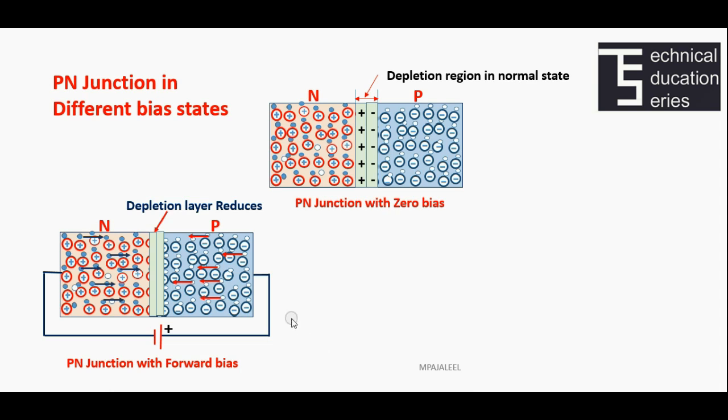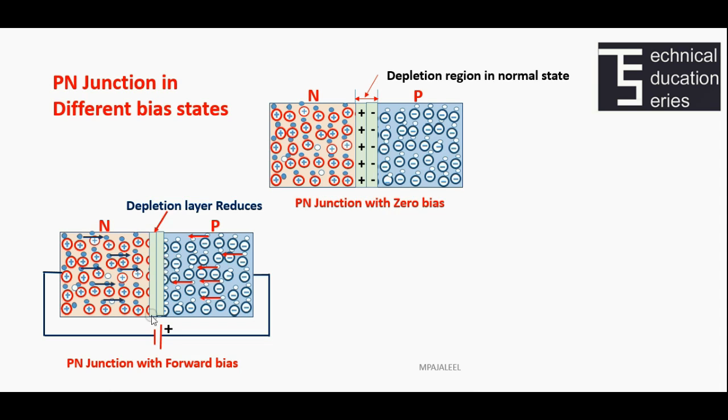If an external voltage is applied across the PN junction in such a way as negative to the N-type semiconductor and positive to the P-type, the junction is said to be in forward bias. At this time, the negative terminal of the battery repels the electrons in the N region and the positive terminal of the battery repels the holes in the P region, so that the holes and electrons will move towards the junction and reduce the depletion layer.